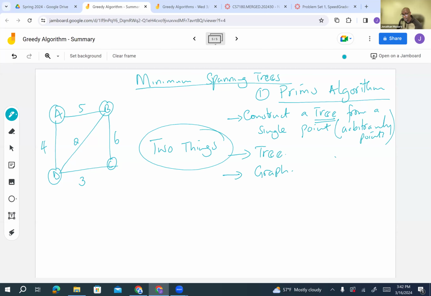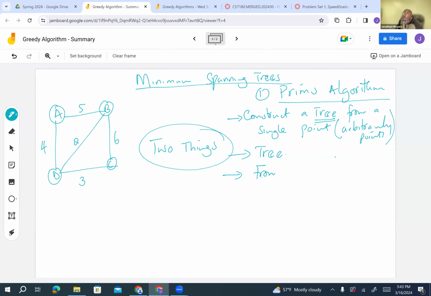We have a graph. And instead of essentially working directly with a graph, previously we created a temporary data structure. For example, working with Dijkstra's, we created a priority queue. Working with BFS, we created a queue, and so on and so forth. So in this case, I'm just going to call it a frontier.